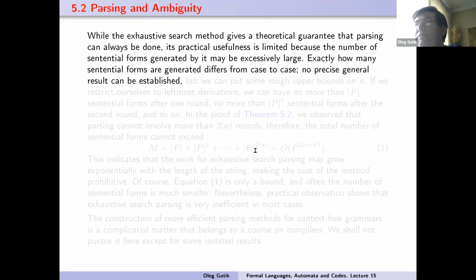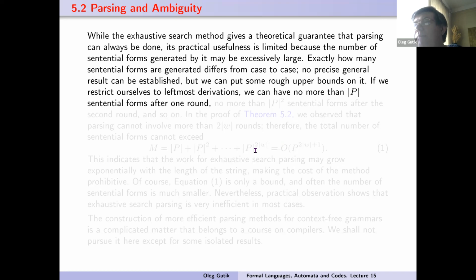A more precise general result can be established, but we can put some rough upper bound on it. If we restrict our search to the leftmost derivation, we can have no more than the size of P syntactical forms after one round, no more than the size of P squared syntactical forms after the second round, and so on.